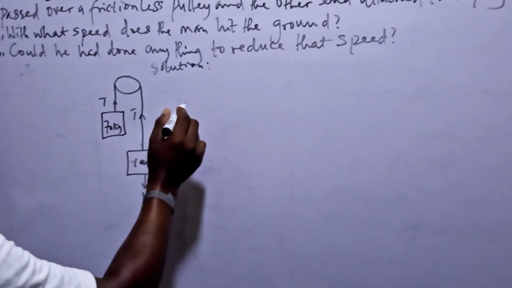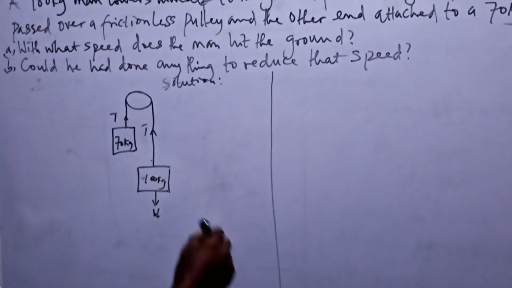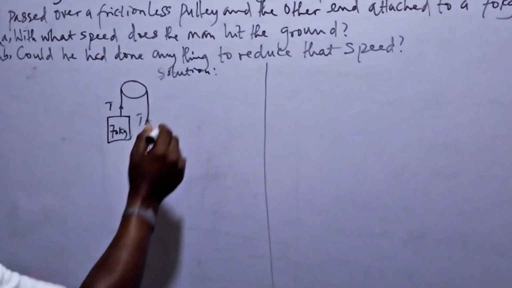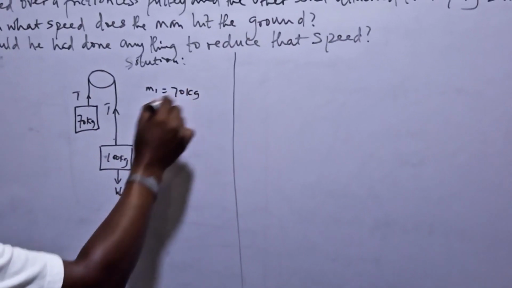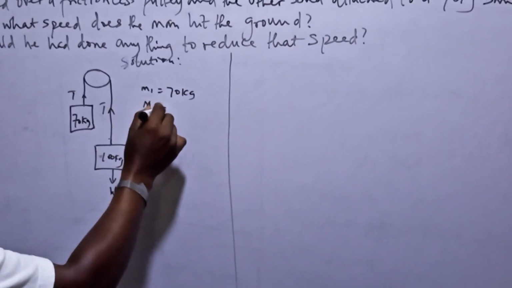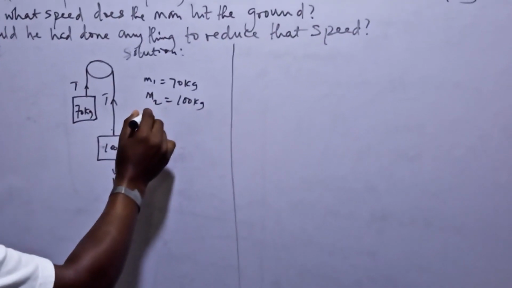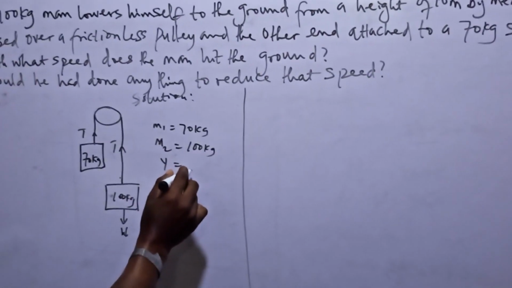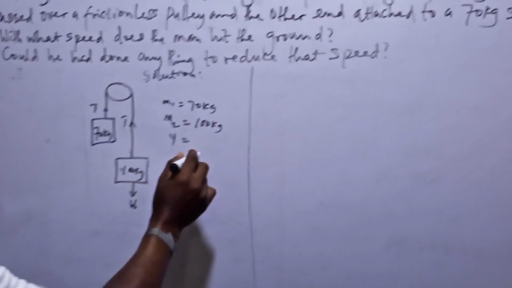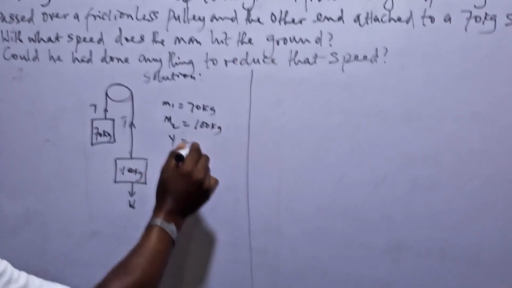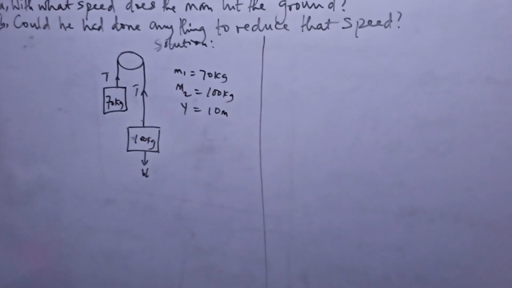Now like I always say, we state what is given. We have the two masses here, one to be 70 kilogram, the second mass to be 100 kilogram, and the height from where the man is coming down is y, 10 meters.